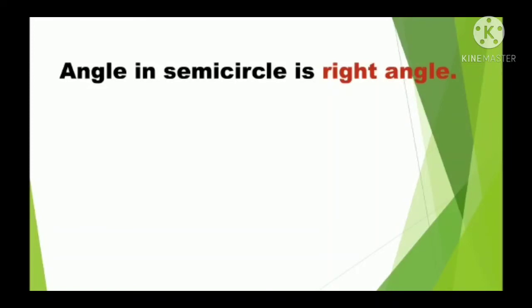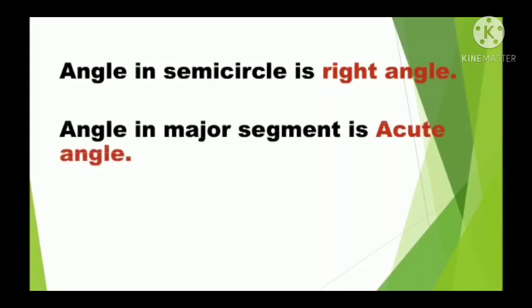The angle subtended in the arc of the semicircle is a right angle. The angle subtended in the major segment is called an acute angle.